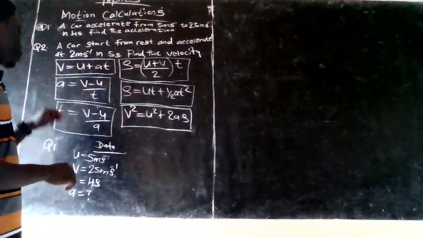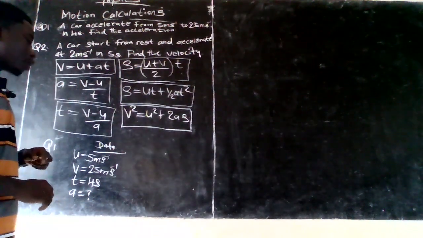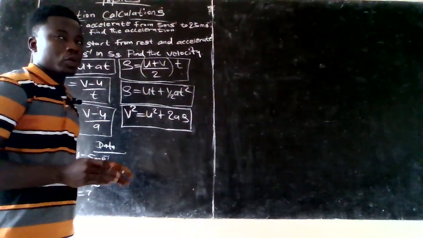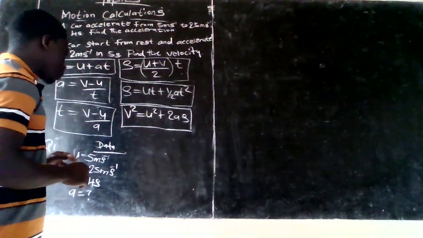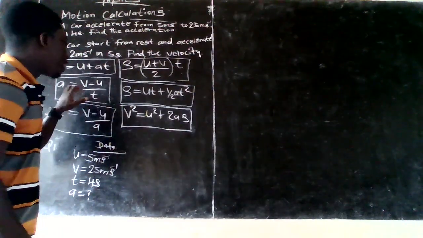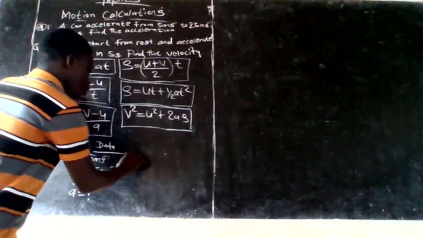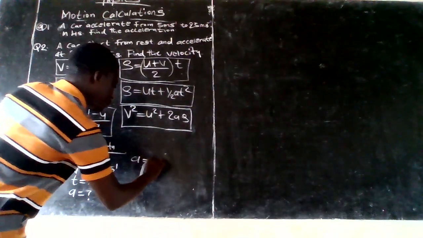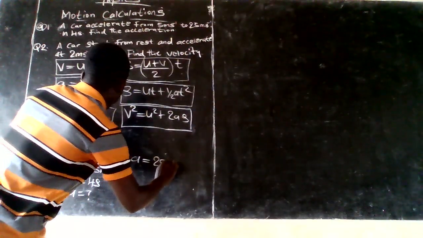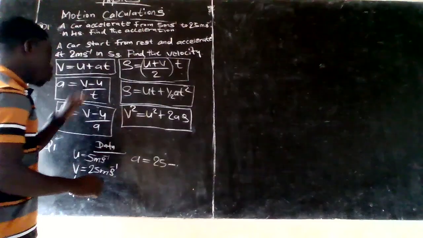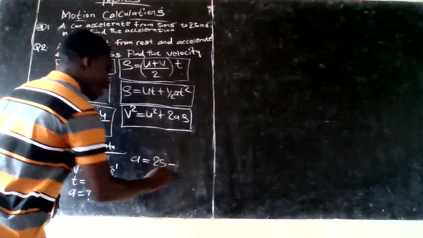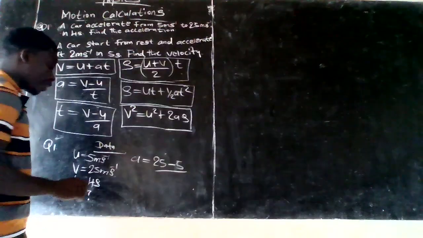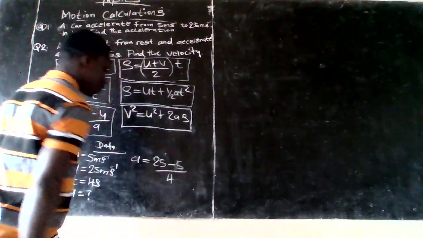So we are going to use this equation to find the acceleration. We are going to substitute these values into this equation. So A equals, the value for V is 25 minus U, the value for U is 5, and the value for time is 4.